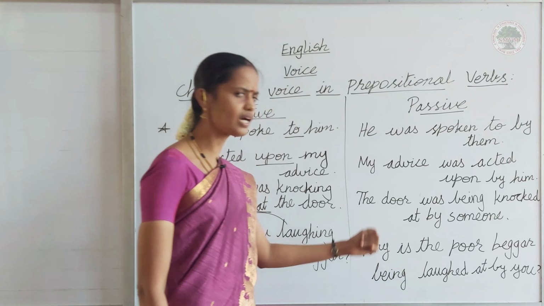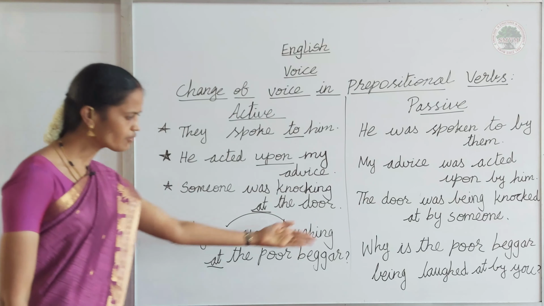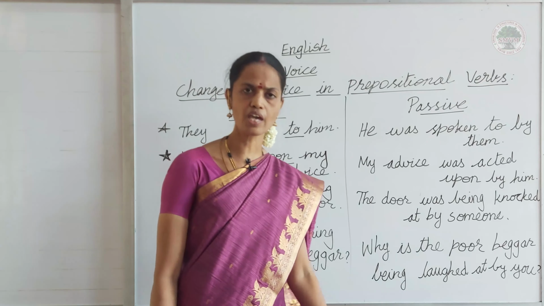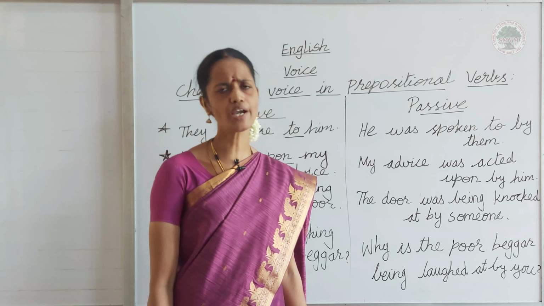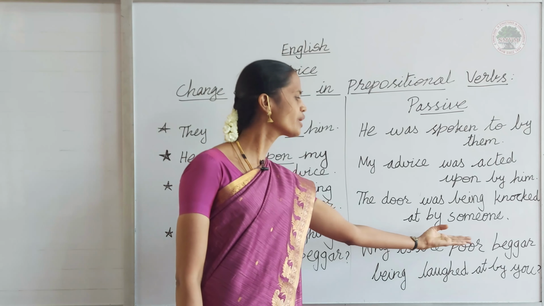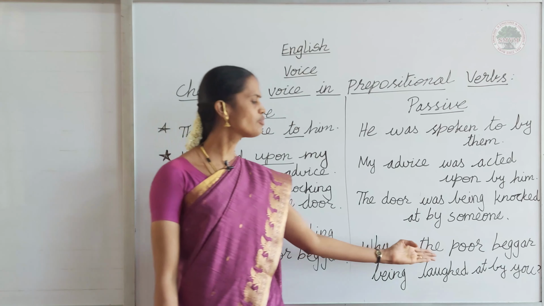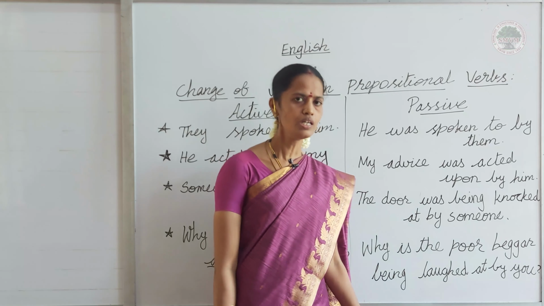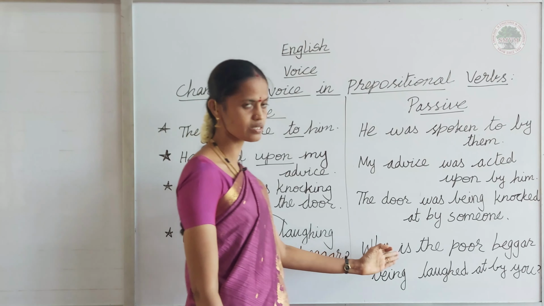Why did we use "is" here? In the question it is given as "are". But we have changed it in the form of "is". Do you know the reason? Can you find out the reason? Yes, exactly. The subject is "the poor beggar". So the poor beggar is singular. That's why we have changed this "are" into "is".